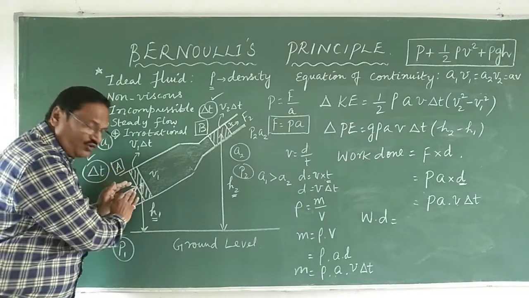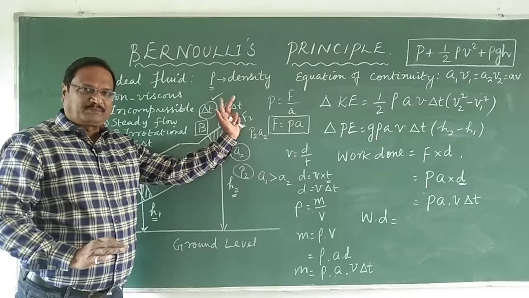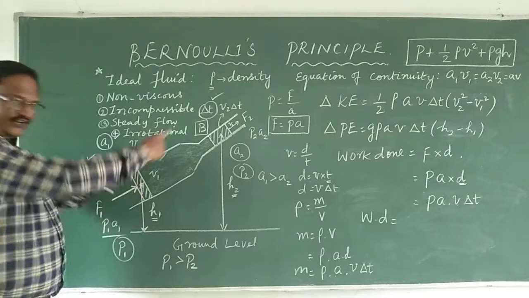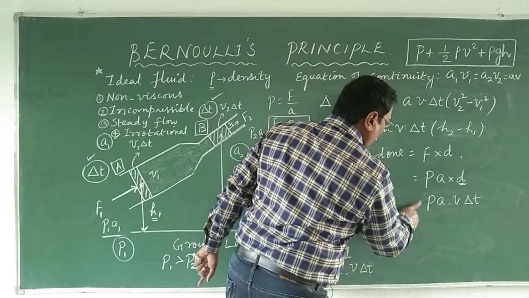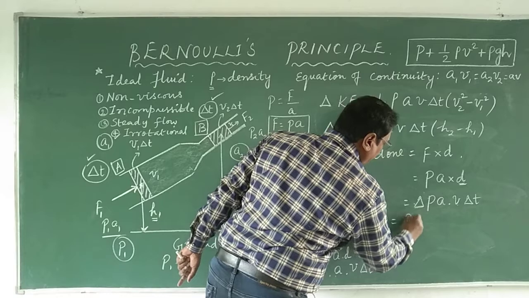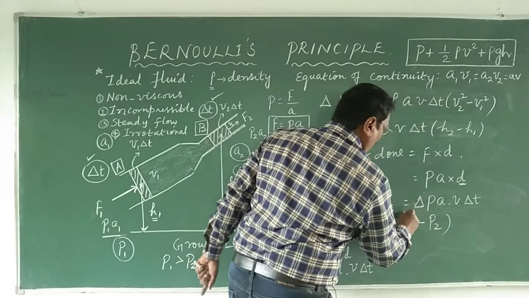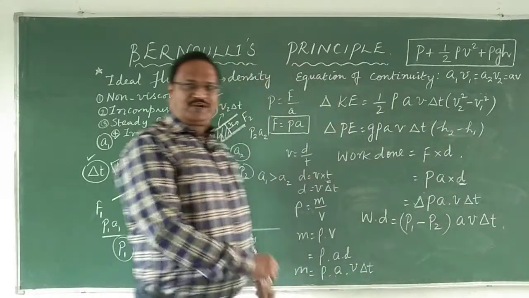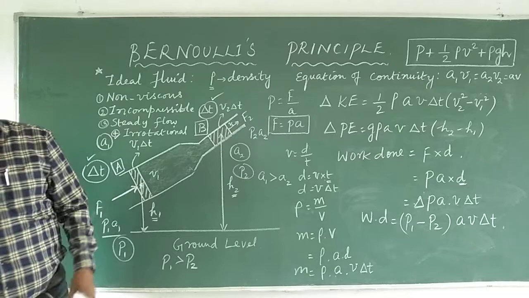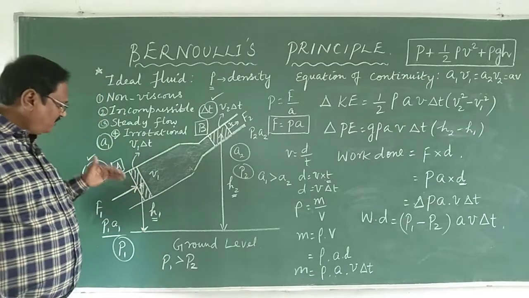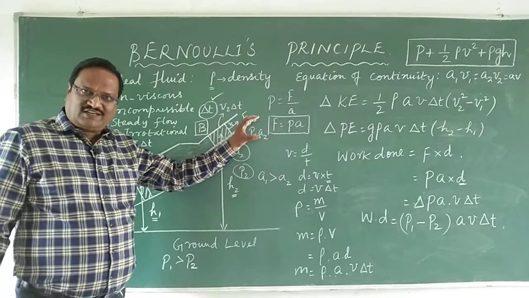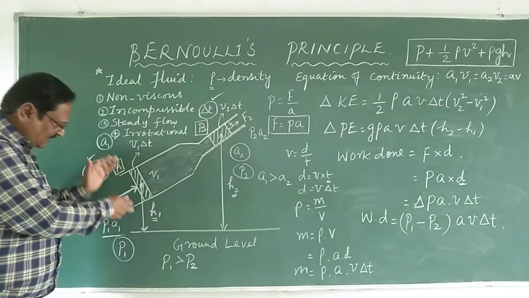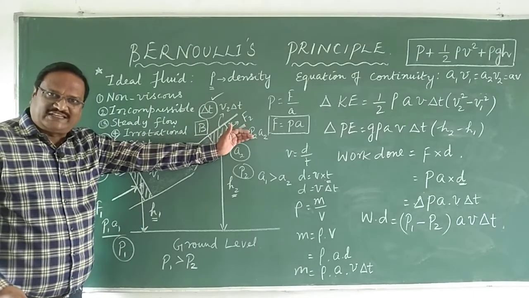But the pressure is more here, that's why it is pushing the water upward. So P1 is greater than P2. So difference in pressure, I have to write here, which is P1 minus P2 of AV delta T. I hope you understand. Work done is by moving the liquid from the point A to point B, from a broader cross section to a lower cross section, from a smaller height to a higher height.